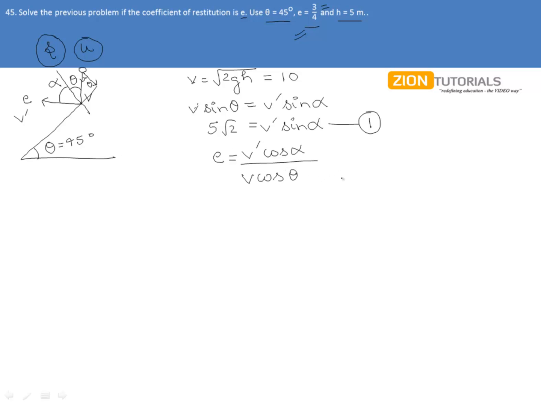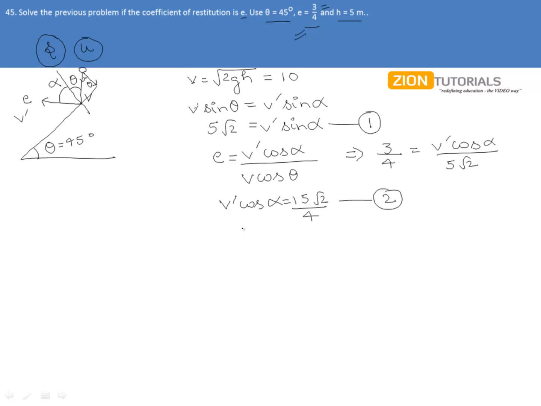So I can write 3/4 equals V dash cos alpha upon 5√2, giving us V dash cos alpha to be 15√2/4. Let us mark it as equation number 2.